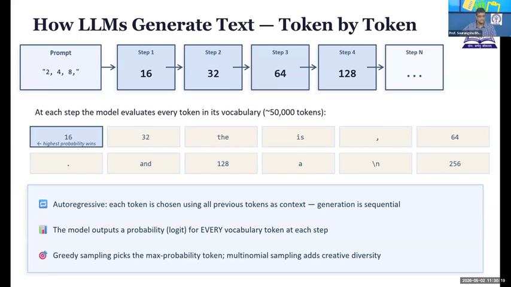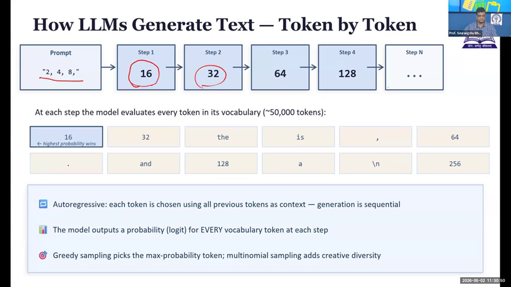Just go back to the generation step. How does the generation step work? Suppose you have a prompt, which is nothing but the context of the sequence. With autoregressive decoding, you generate different tokens step by step. Maybe you generate in step 1 the token corresponding to 16, and then 32, and so on.